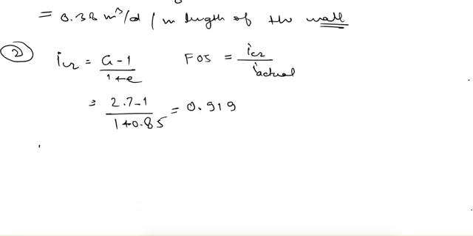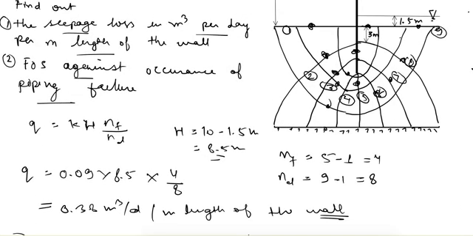The actual hydraulic gradient, we know, is given as delta H by length of flow. Delta H here will be the potential drop, and we know that in all these flow channels the potential drop is the same.